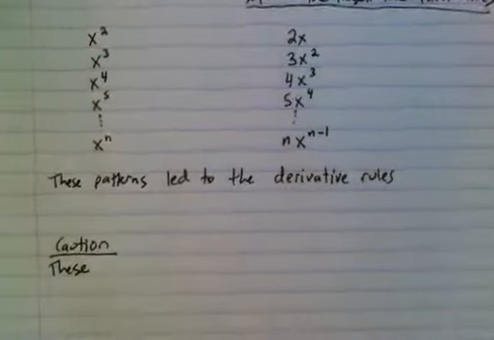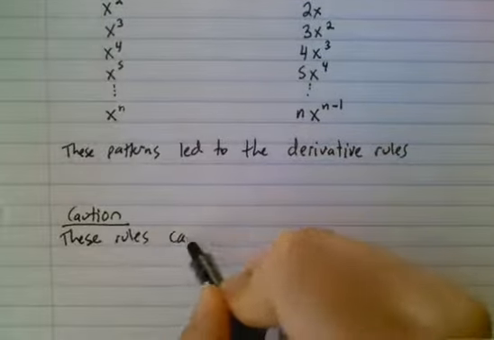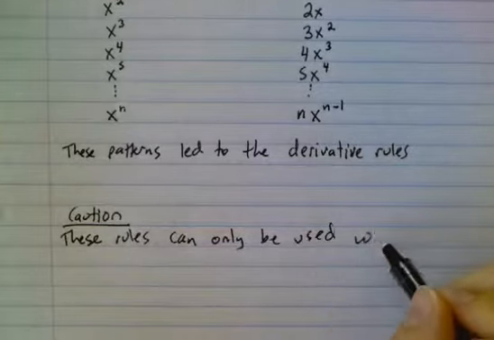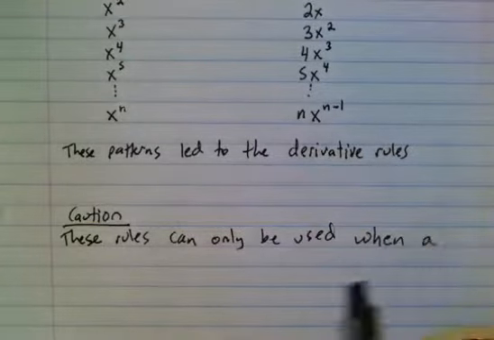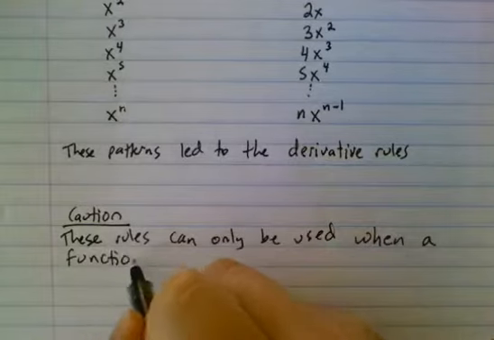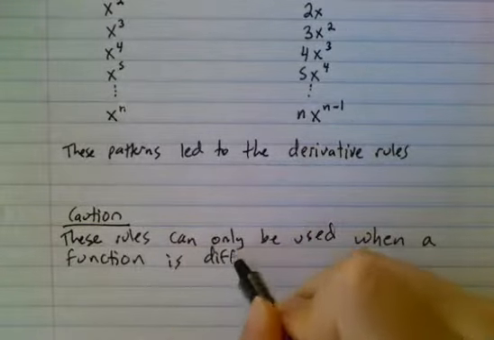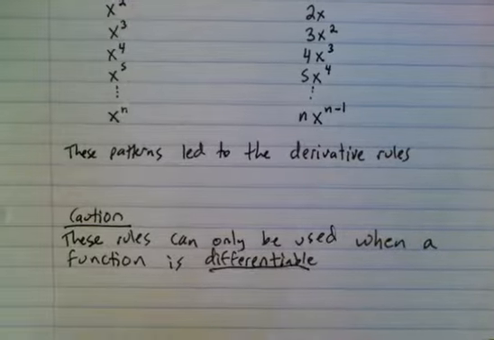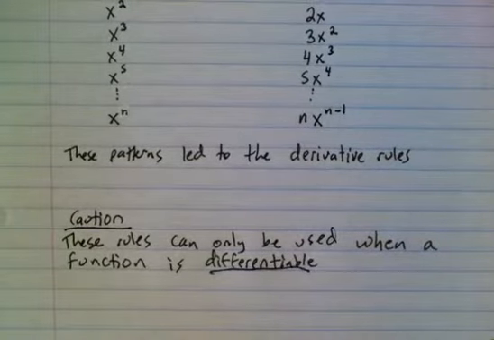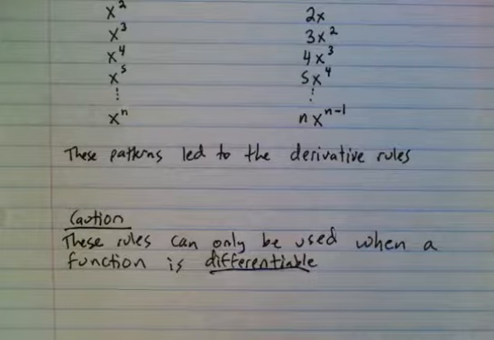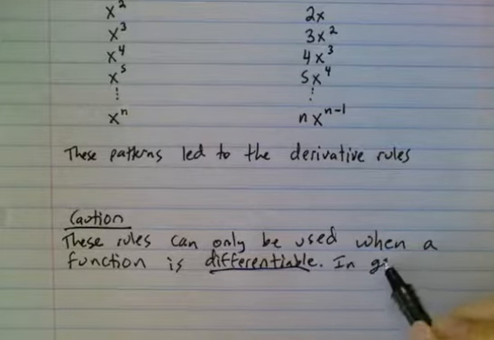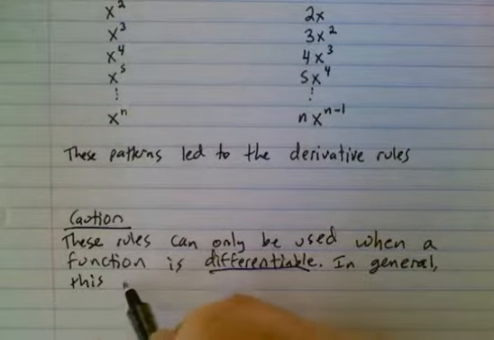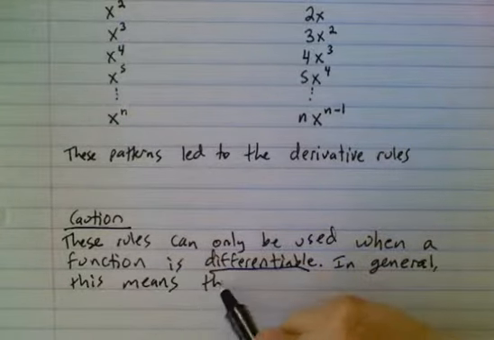These rules can only be used when a function is differentiable. Differentiable simply means you can take the derivative. It's sort of a self-fulfilling prophecy. But in general, what this really means is the function must be continuous.